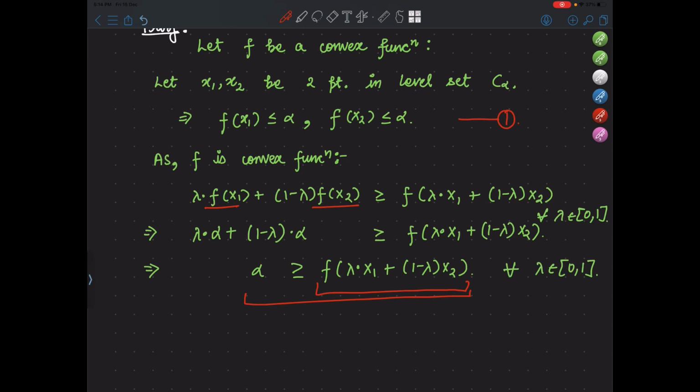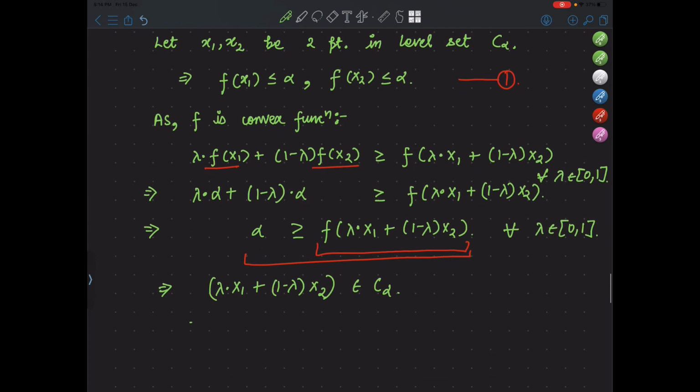So which means lambda times x1 plus 1 minus lambda times x2 belongs to the level set C alpha, which means that C alpha is convex.